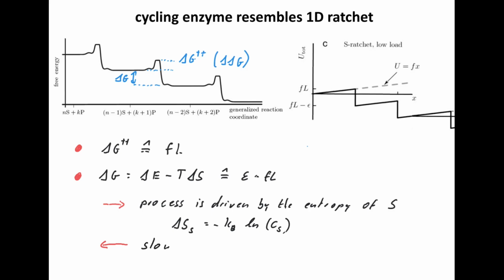This is reversed for the product. During the reaction, we add more product. In that case, delta S in terms of the product is positive, and the delta G will be reduced.